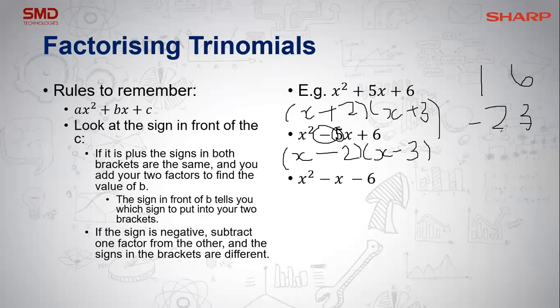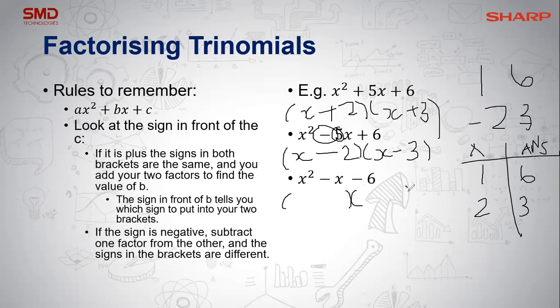Now, for the negative 6, it works slightly different. So here are my 2 factor pairs again. Right, so in your columns, here's my x column and my answer or y column. Okay, so here in my 6, I have a negative, which means my signs in the brackets are going to be different.